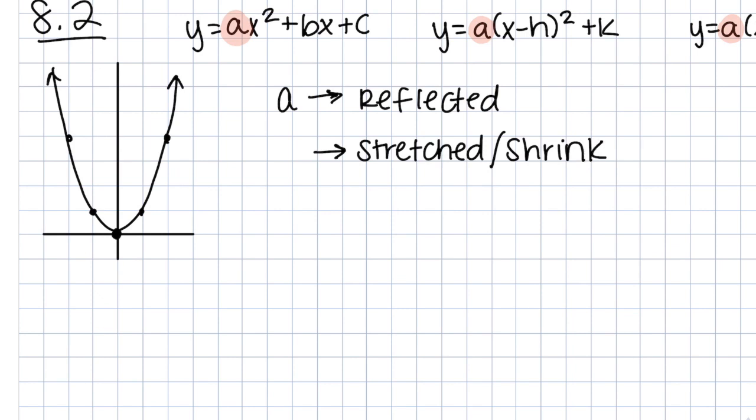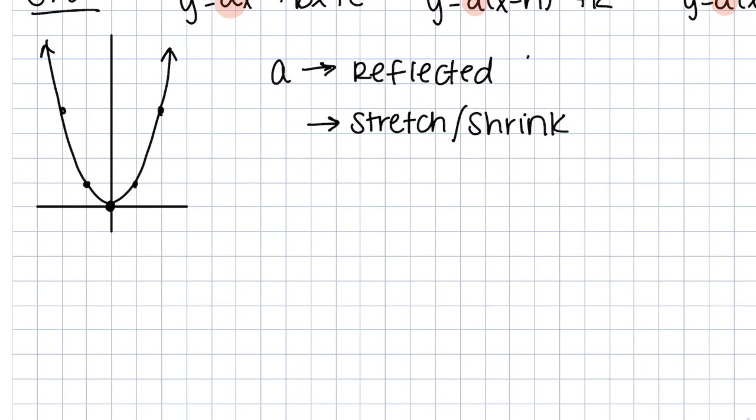So in order to reflect it, this a needs to be negative. And then in order to stretch it, we look at the absolute value of a, because once it's negative, that means it's flipped. So we want to look at just the absolute value of a.